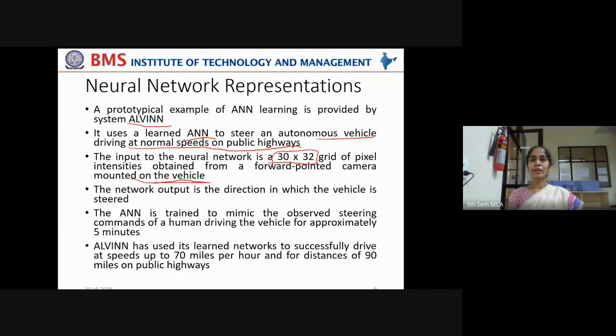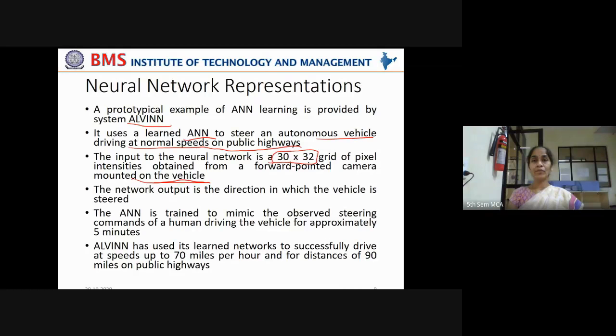So whenever an artificial neural network system is trying to process the input data, what kind of data are we actually providing to it? In this case, it is an autonomous driving vehicle. So it gets the input as what is captured by the camera or the sensors mounted on the vehicle, right?